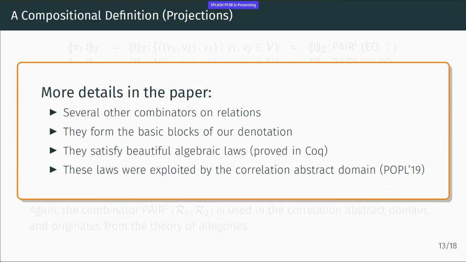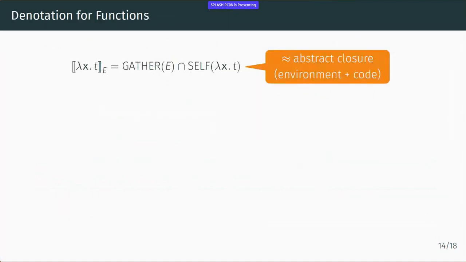And these laws were actually used in the Popper 19 paper. So this provides a nice after-the-fact semantic justification of that. Okay, but I have promised that this would be about higher-order programs, and so far, no lambdas. So what about lambdas?